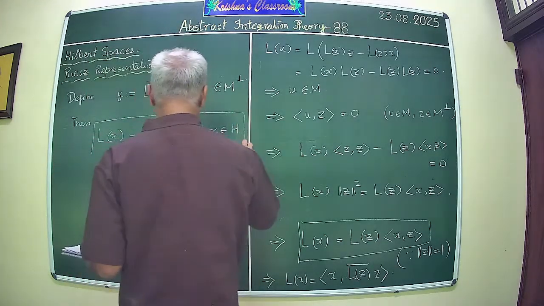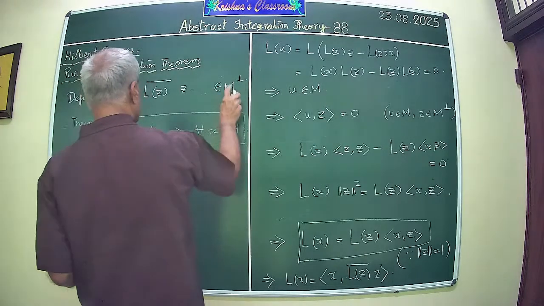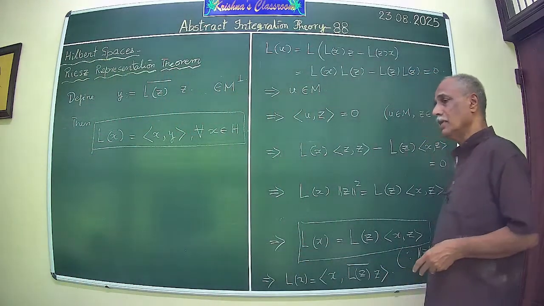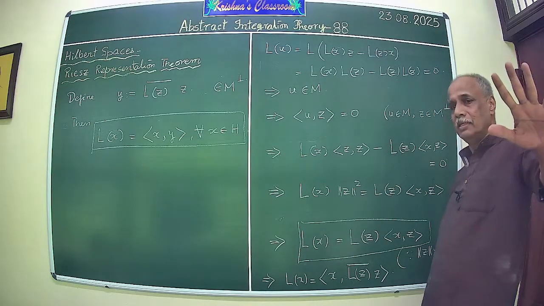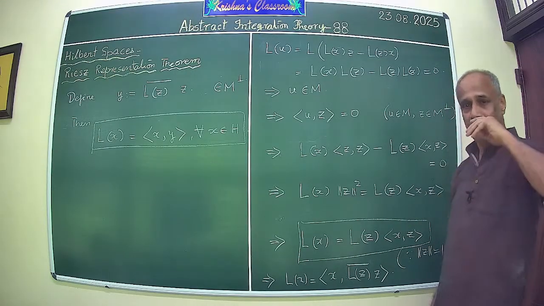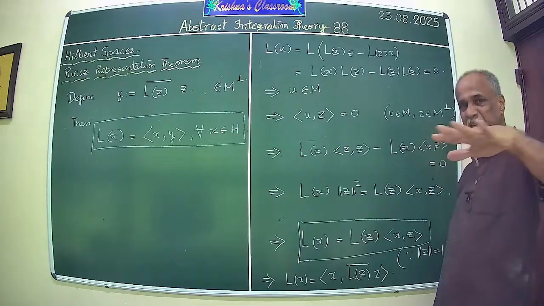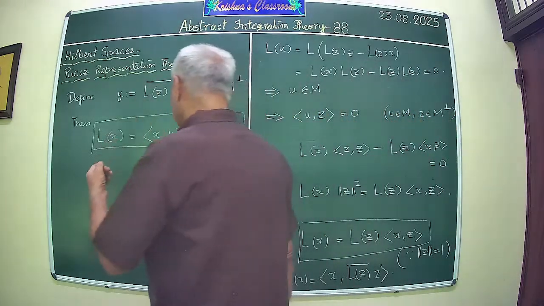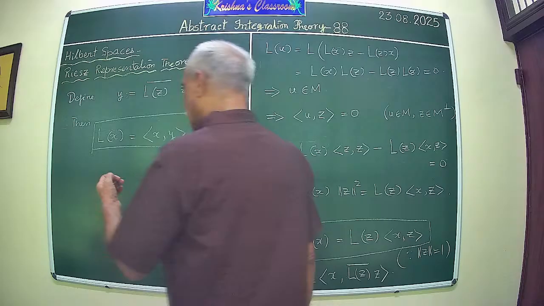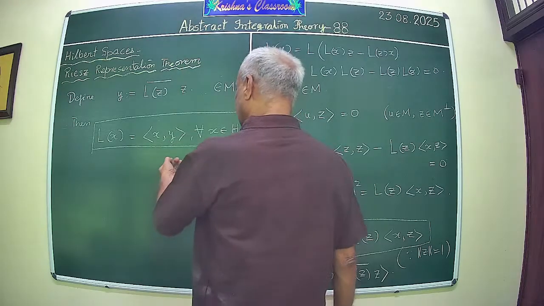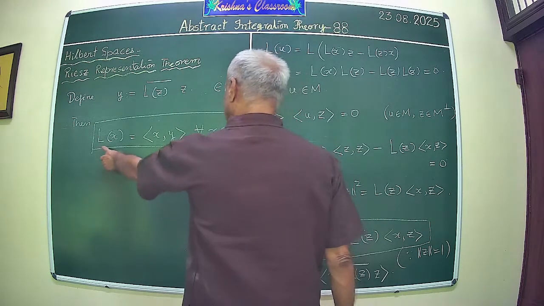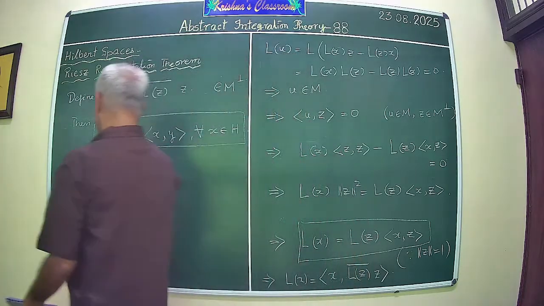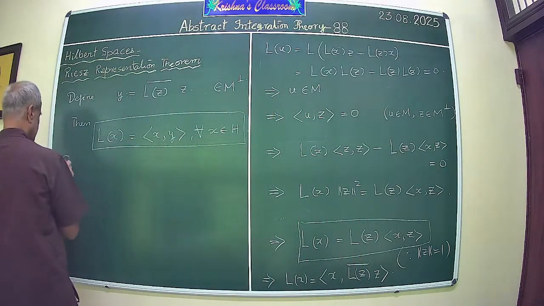So we have identified a vector in M perp which represents the L. So for each L, you have identified a subspace associated with that, namely M. Then you have M perp, and from that you can identify a vector in M perp such that Lx is equal to the inner product of x and y for every x belonging here. So mark.